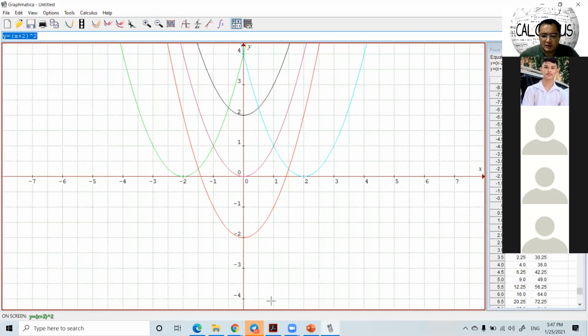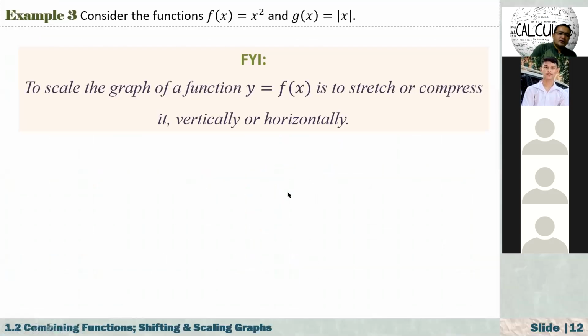And now let's talk about scaling. Let's get back to our slides. Scaling. To scale the graph of a function y equals f of x is to stretch or compress it vertically or horizontally. One very good example to understand this is a circle.